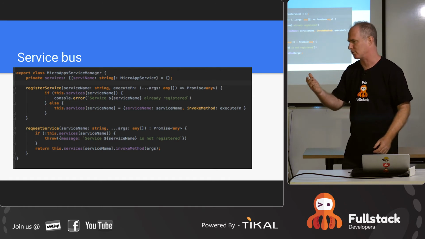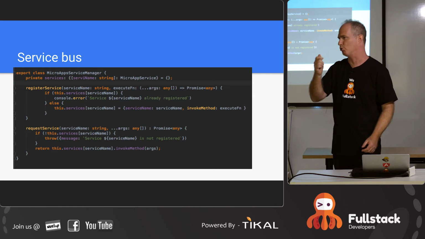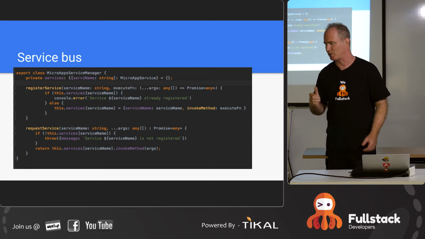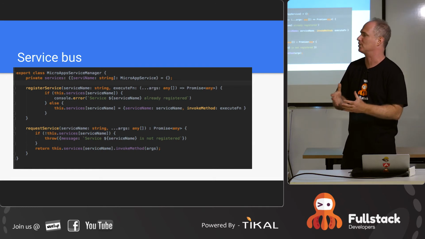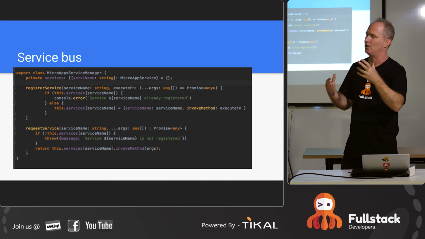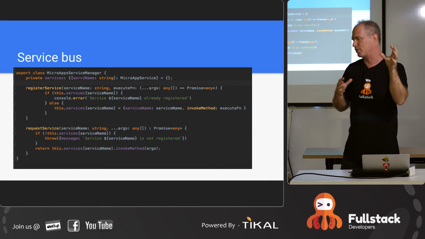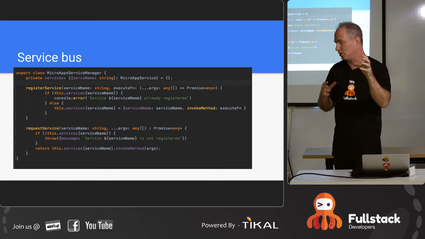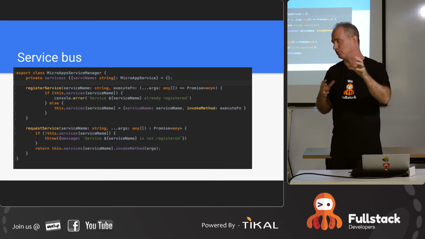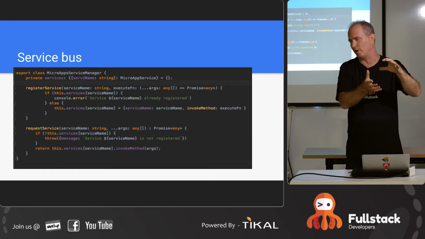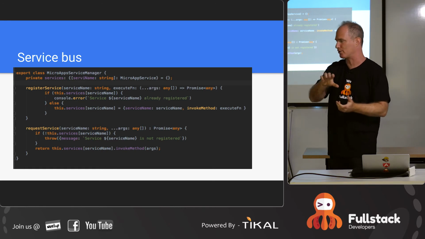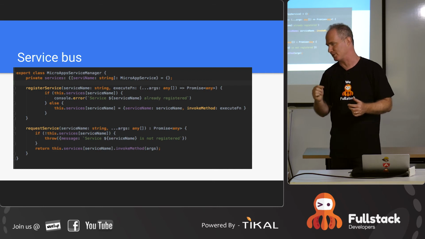Single SPA doesn't work with iframes. You can have one micro application on one HTML element and another on another HTML element, and you can show and hide HTML elements.